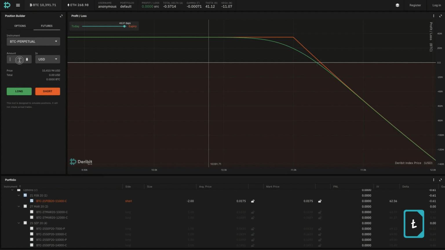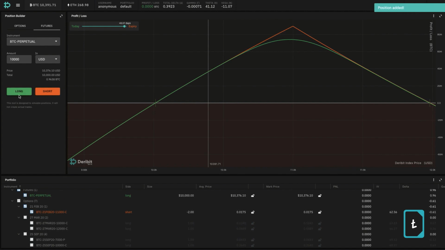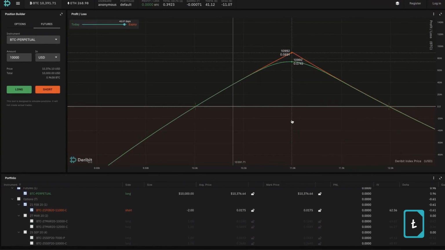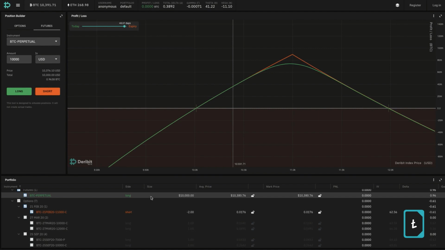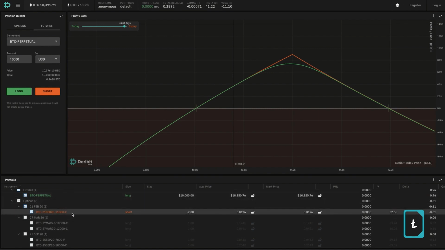So let's say you were long $10,000, and you still like your position, but you don't want to exit your long perp position, but you do want to hedge it by selling those 11K calls. Well, now you're still going to be profitable when Bitcoin goes up.